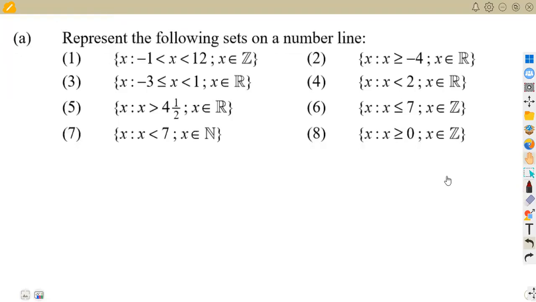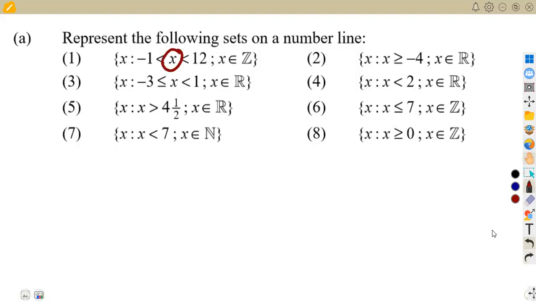They'll ask you to represent numbers or a set of numbers on a number line. This is a set, and the set reads in different ways. Like here, it's X is such that. How is this X referred to?